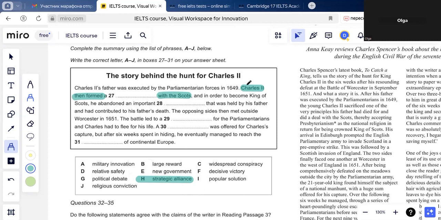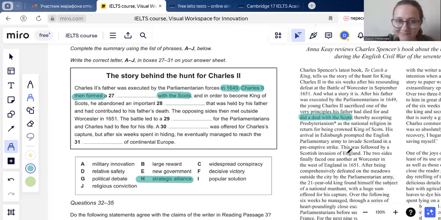In the text, we see did a deal with Scots, and I think deal is a synonym to alliance. Deal, yeah? Like do a deal, form an alliance.